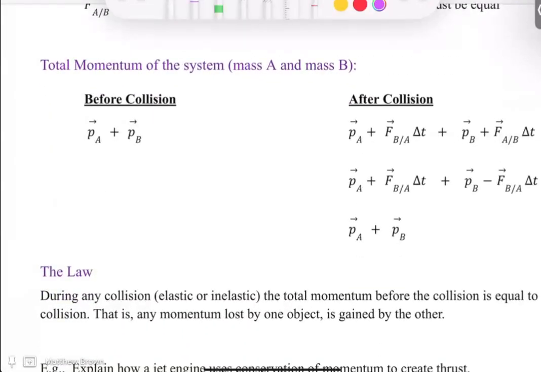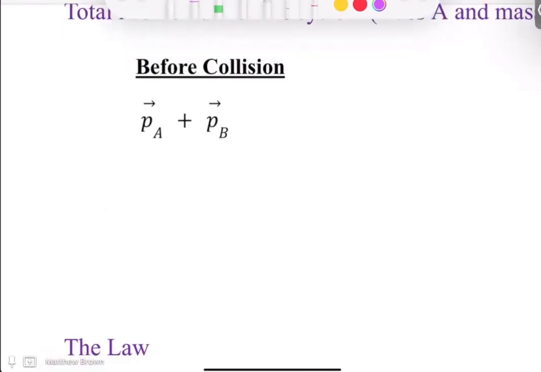Then we can look at the total momentum of the system, which is, in this case, our entire system is mass A and mass B. So before the collision, the total momentum of the system is just whatever the momentum of mass A is plus whatever the momentum of mass B is. That's it.